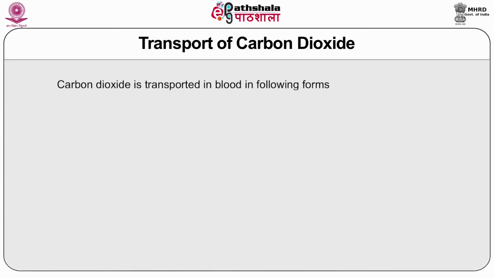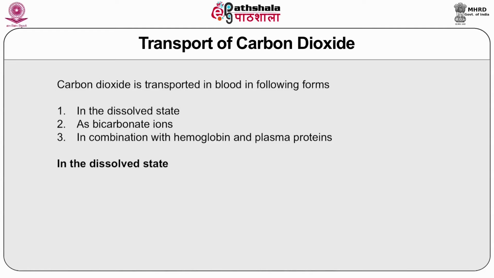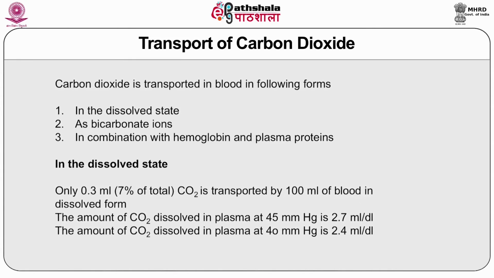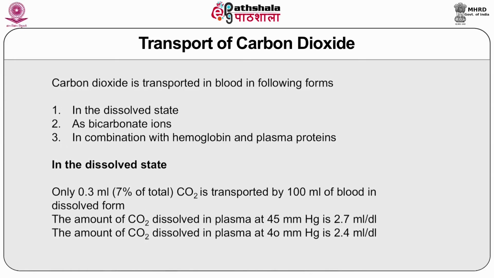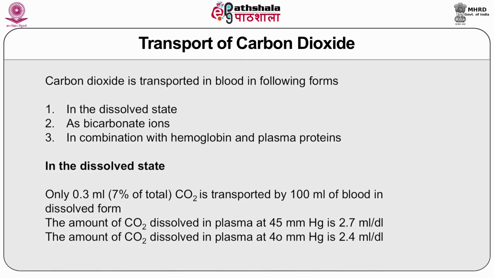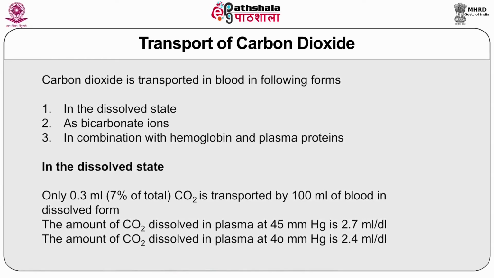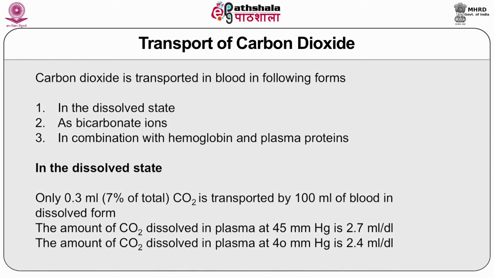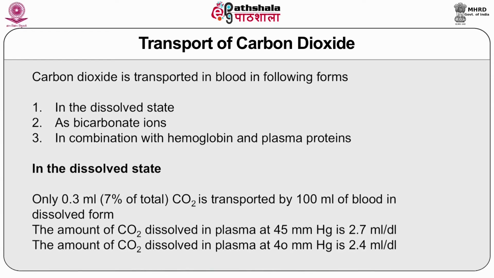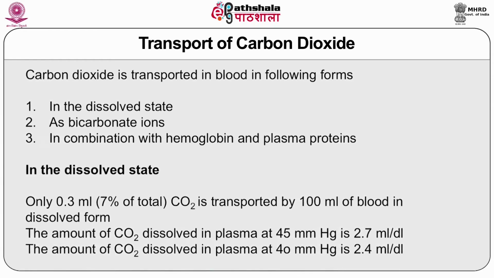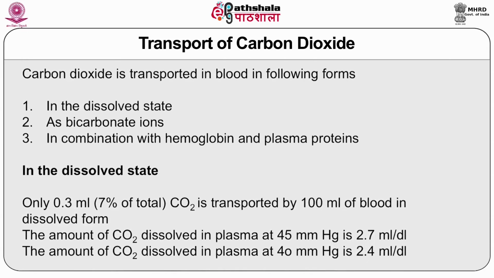Carbon dioxide is transported in blood in various forms. The first is in the dissolved state, the second is as bicarbonate ions, and the third is in combination with hemoglobin and plasma proteins. In the dissolved state, only 0.3 ml, that is 7% of total CO2, is transported by 100 ml of blood.